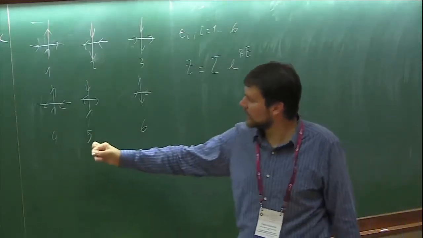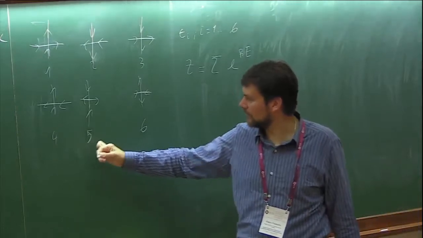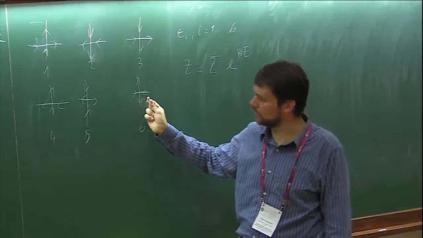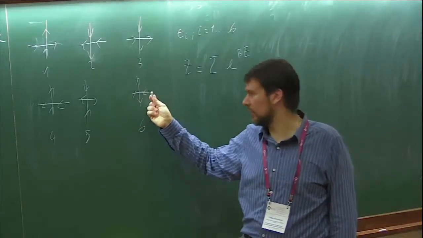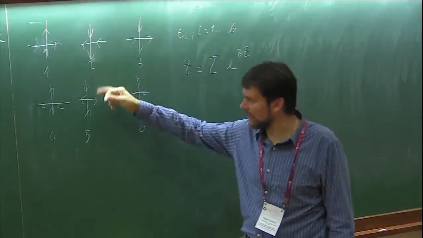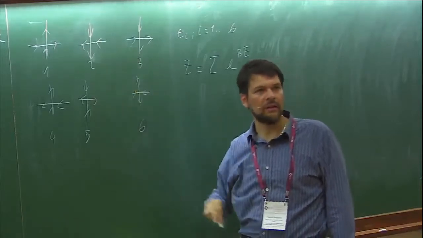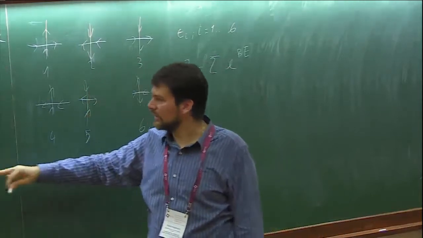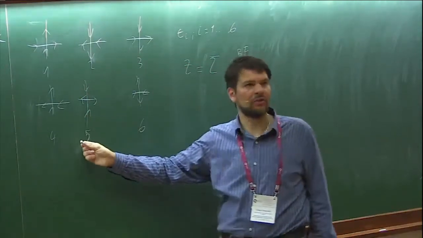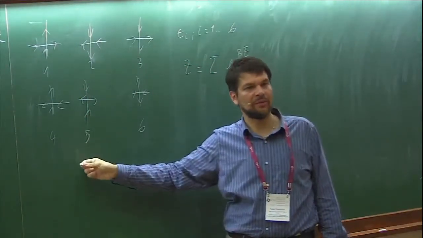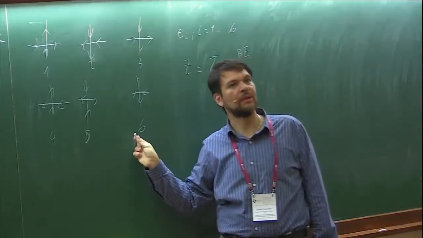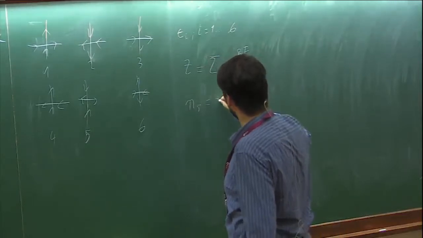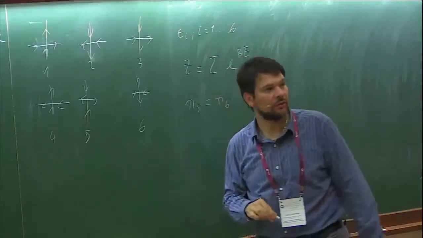And then you see that vertices of type 5 and 6 act as sinks and holes for the arrows, because they change the parity of the arrows in either direction. So if you want to impose periodic boundary conditions, that means that you have to have the same number of vertices of type 5 as you have of vertices of type 6. So n5 has to be equal to n6.